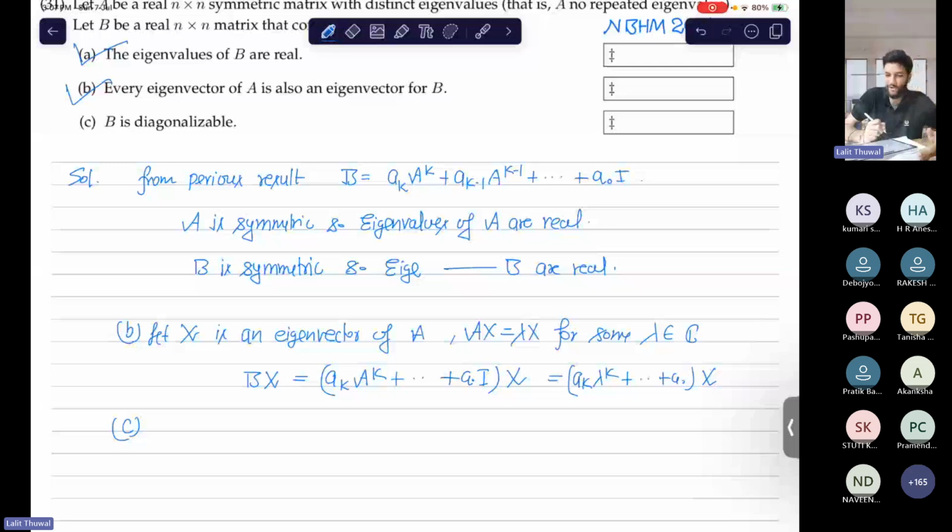C, B is diagonalizable. First of all, B is a real symmetric matrix, so diagonalizable.